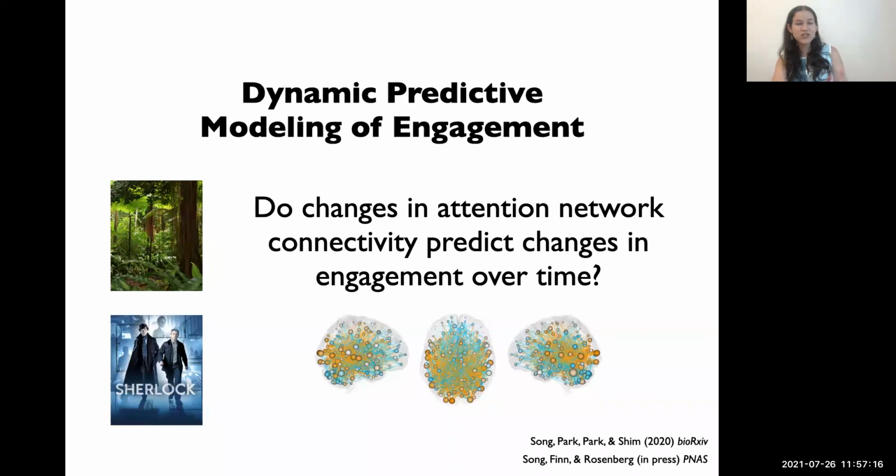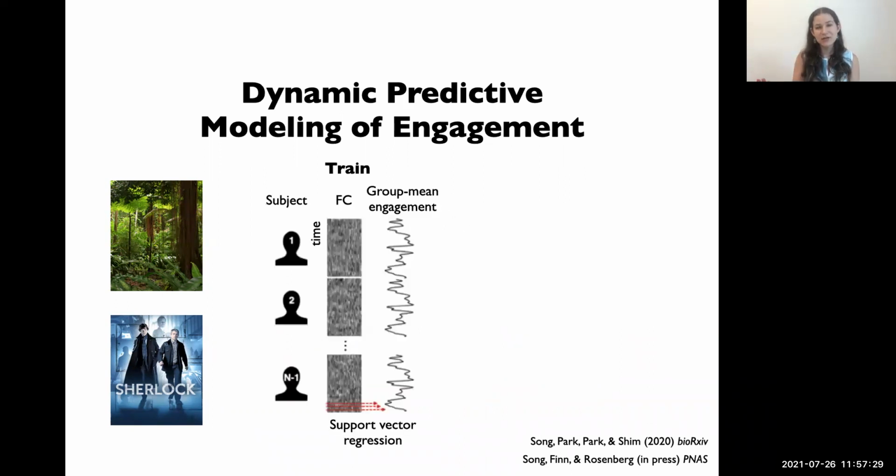To ask this question, Hyung used an approach that she first described in a preprint from last year that's available if you're interested in learning more, where she performed dynamic predictive modeling of these group level engagement measures. In particular, she trained support vector regression models to predict engagement at every moment of time in a subset of participants, and applied those models to data from held out individuals to predict changes in engagement.